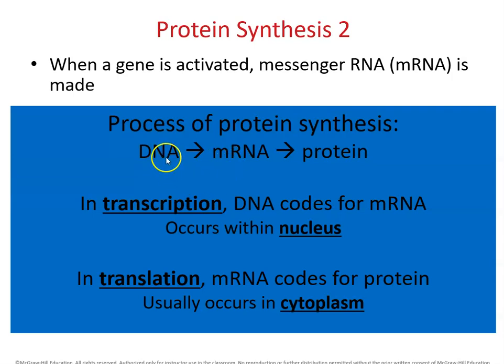Transcription, where DNA makes an mRNA, happens in the nucleus. Translation, where mRNA codes for a protein, happens in the cytoplasm. So we have transcription followed by translation. Transcription happens in the nucleus. Translation happens in the cytoplasm.